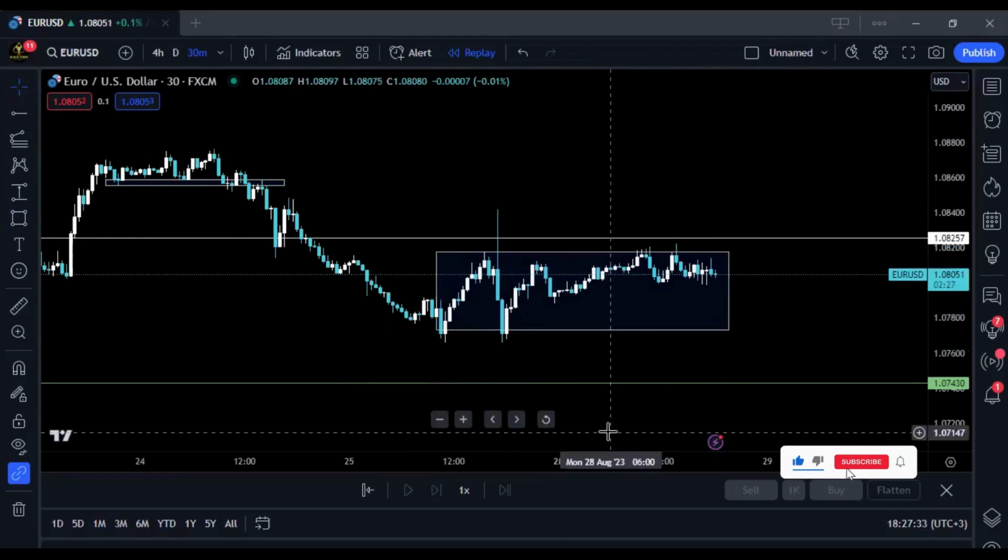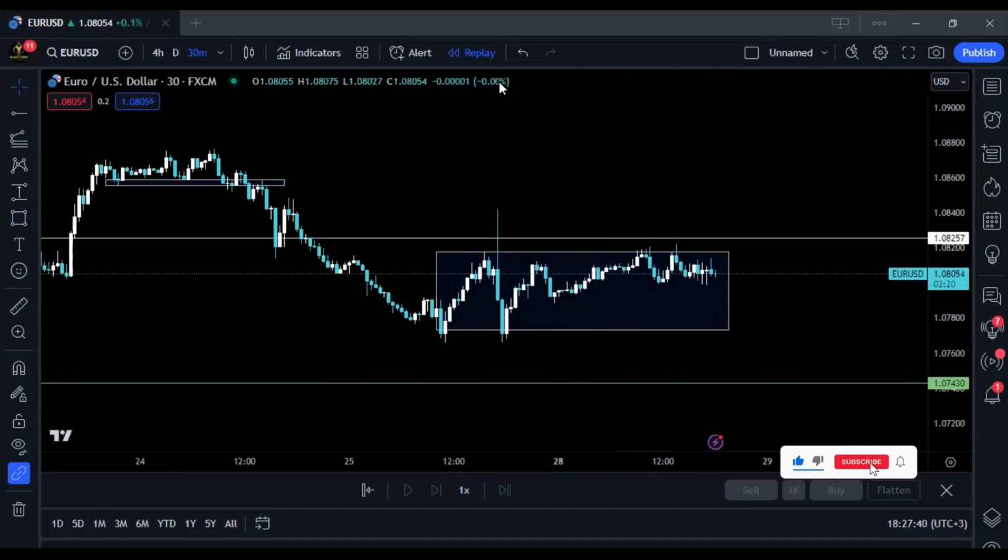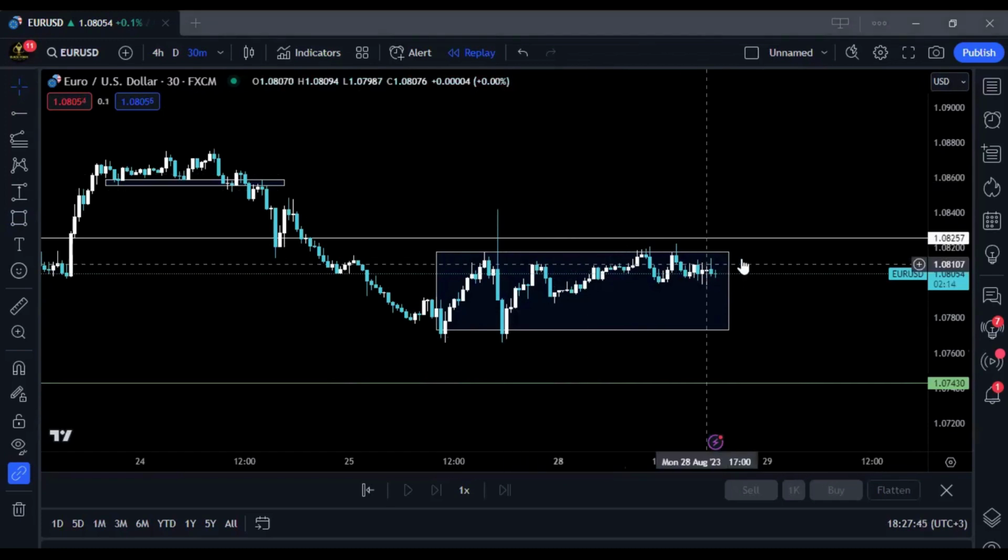Very few, very small volume. So I don't know. I doubt if prices will actually trend before next month comes. But those are just my views.